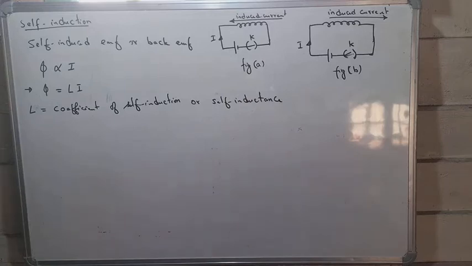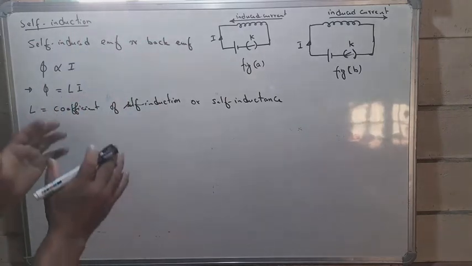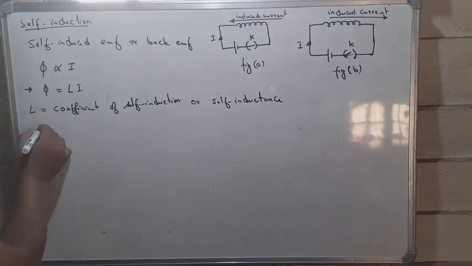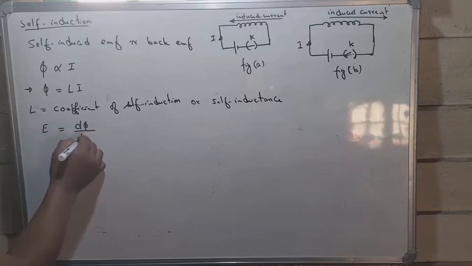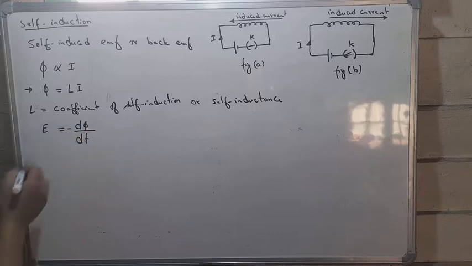So if this is the magnetic flux linking with the coil at any time, what is the EMF developed in the coil? The EMF can be obtained from Faraday's law as E equals minus d phi upon dt.